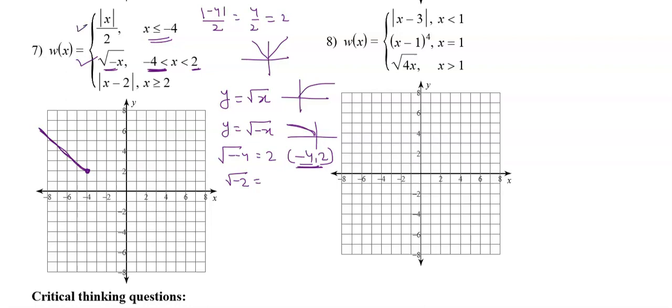Because there is no shifting right or left, the standard graph is this, right? So the basic nature of the graph will be from negative 4 to 2. We'll draw it like this. It is starting with the origin.